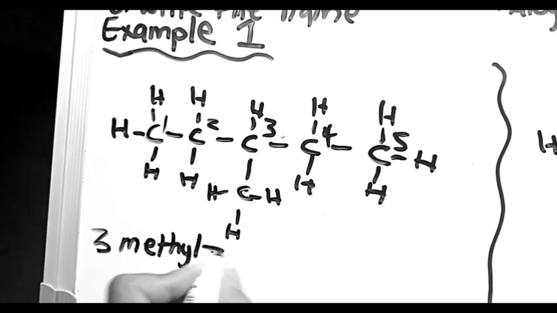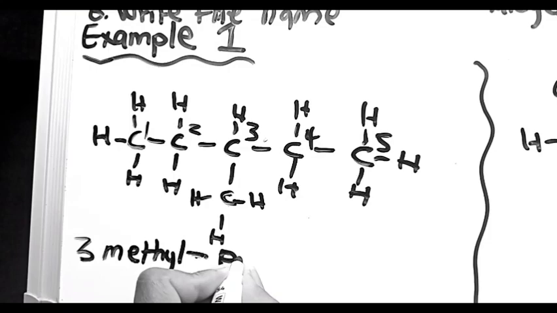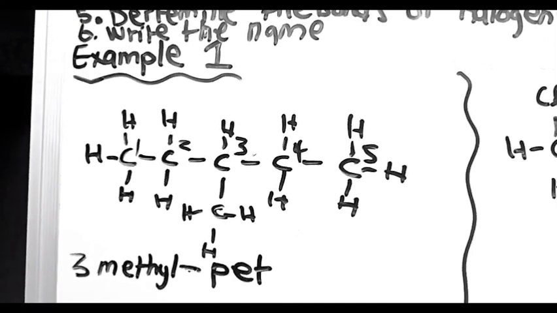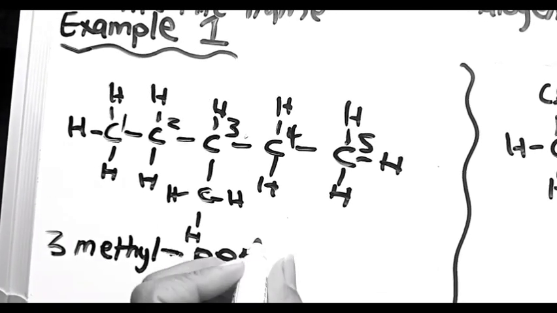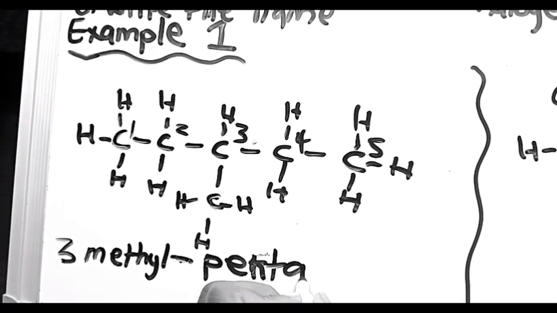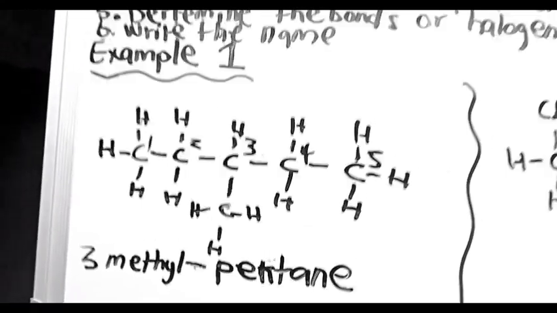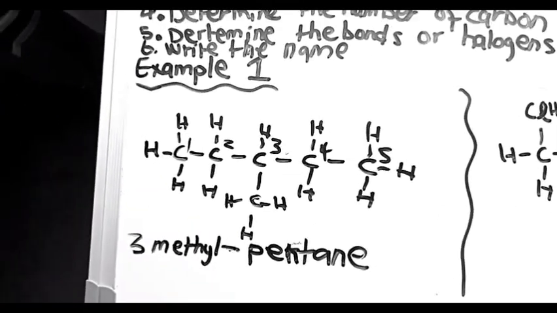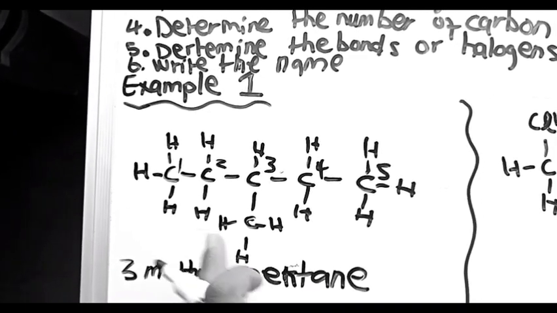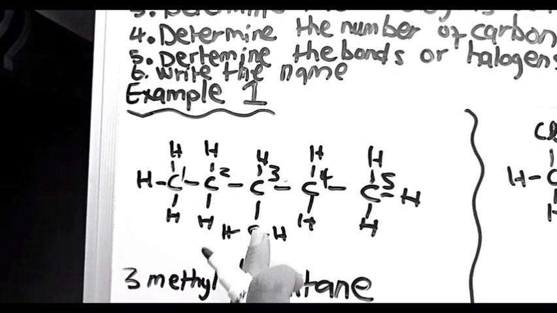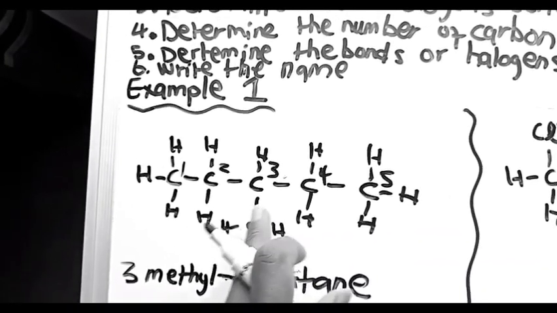So it's going to be pentane. So it's 3 methyl pentane. The 3 methyl says that on carbon number 3 we have a branch, right?